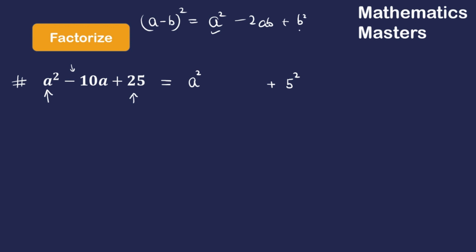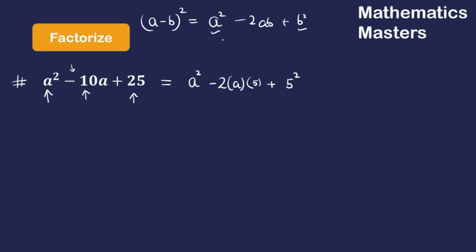So we have a square, we have b square as 5 square, and minus 2 times a times b. Our b is 5, so we have to write 5. Now let's see if minus 2 into a into 5 is the same as minus 10a or not. Yes, it is.